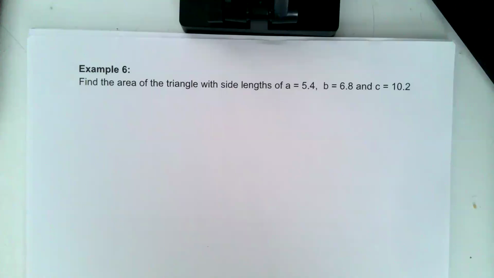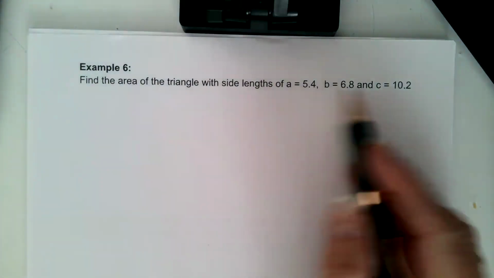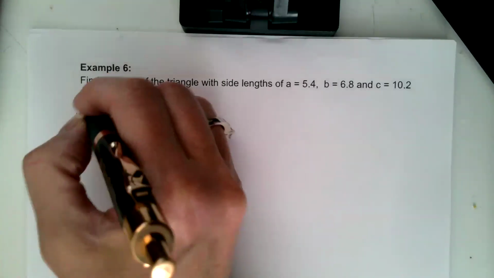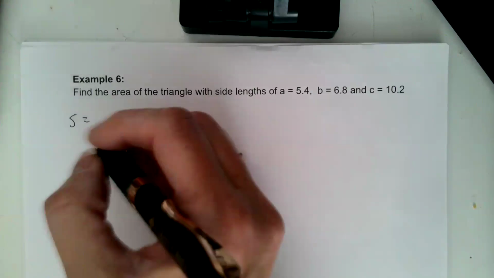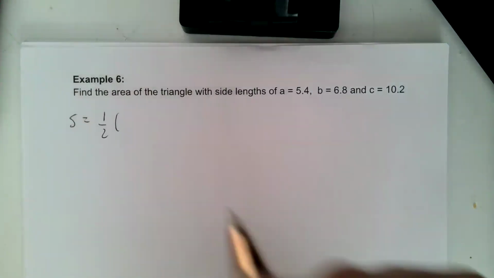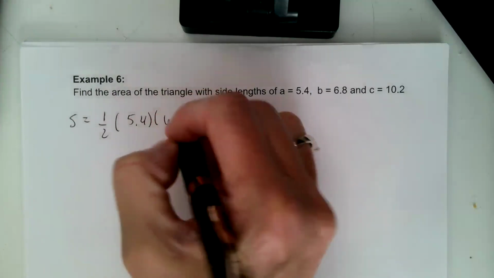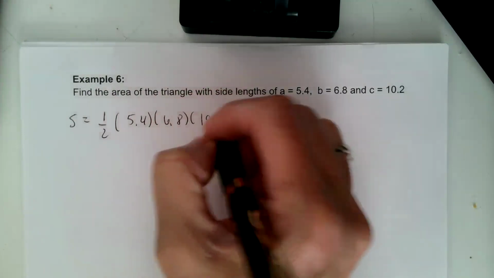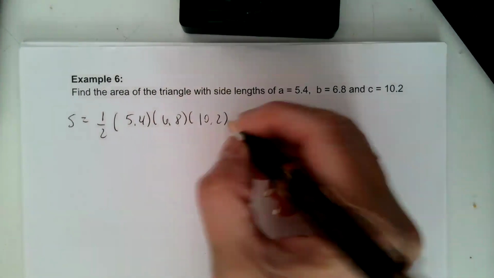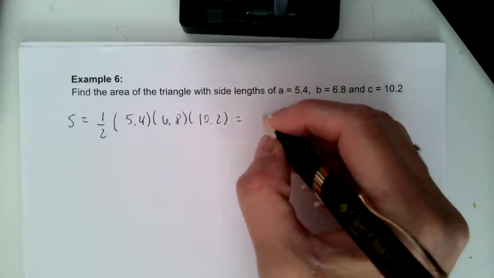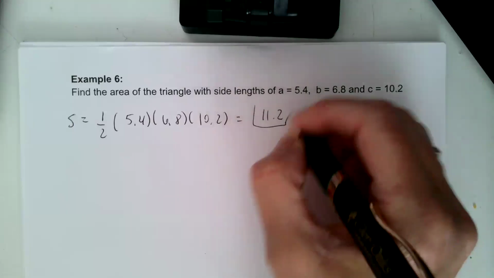And the last lesson of chapter 7, the last example of chapter 7 is an area with Heron's formula using these 3 sides. So again, we have to find the measurement of S, which is 1/2 times A, B, and C, which comes out to be 11.2.